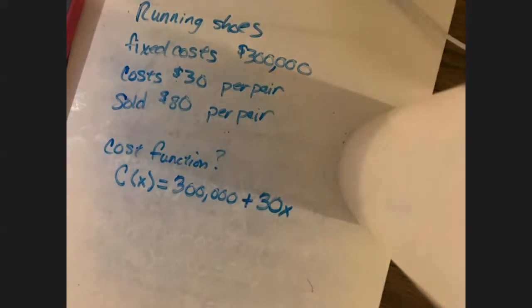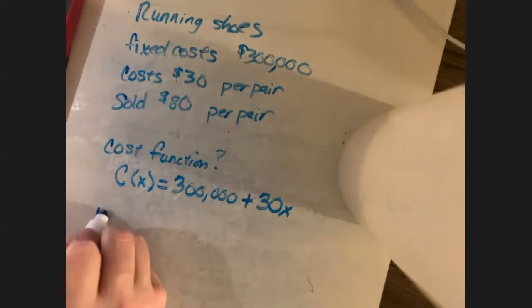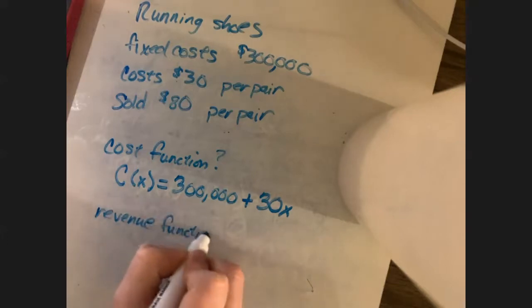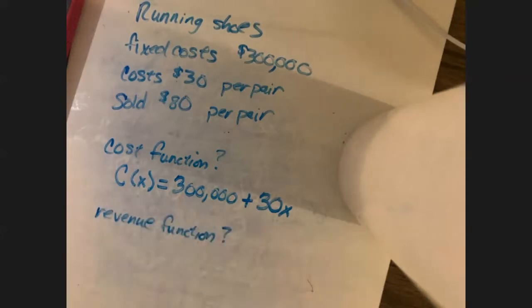Okay, because I need to know how many shoes I'm producing to know how much that part of it costs. And that's it. That's my cost function. That's done. Then it asks me to do a revenue function. Okay. Well, revenue is just the selling stuff.